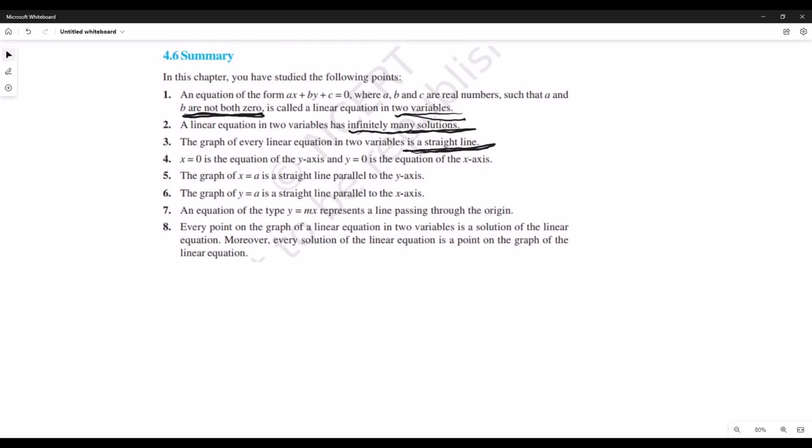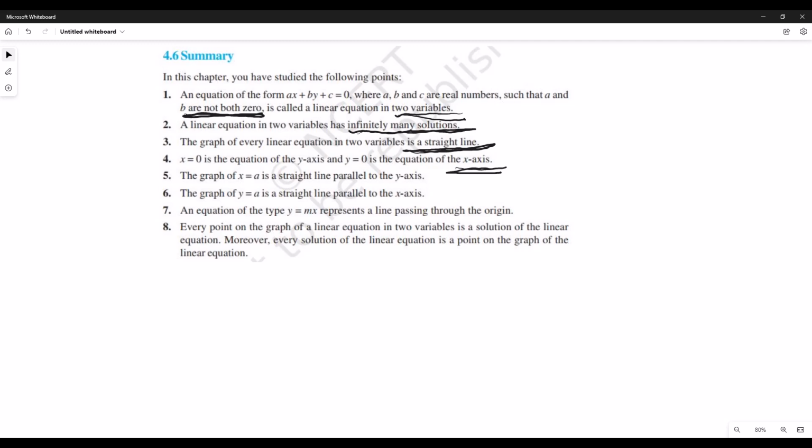This can be proved later, but practically by plotting these lines you have found that the graph of a linear equation in two variables is a straight line. The x equals 0 is the equation of the y-axis, and y equals 0 is the equation of the x-axis. Why? Because x is 0 where? On the y-axis.